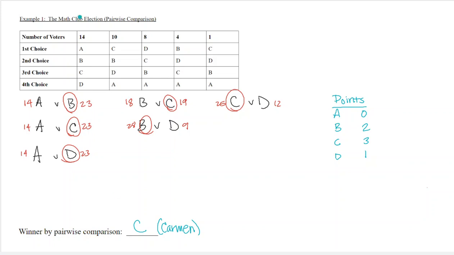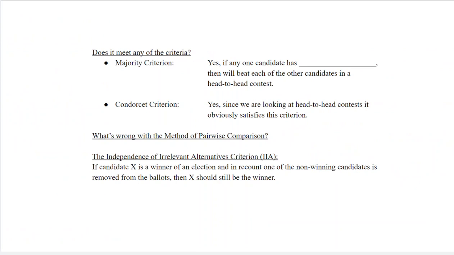Now, let's take a minute and think through some of our criteria. So remember that the majority criterion and the Condorcet criterion are the most common rules that we look at. Majority criterion: if there is a majority winner, will they win by pairwise comparison? Well, yes. If a candidate has more than half the votes, then they will beat every other candidate in every head-to-head matchup.